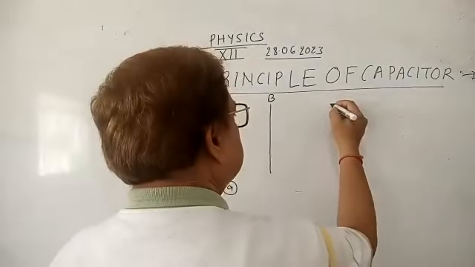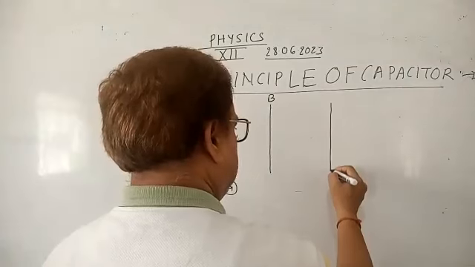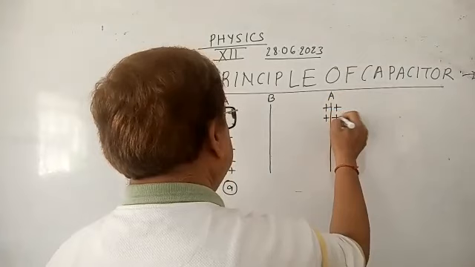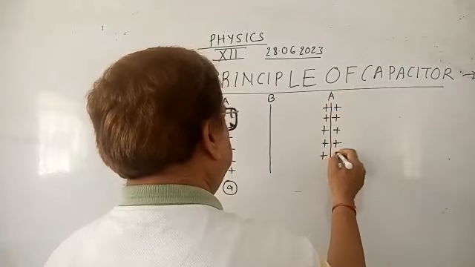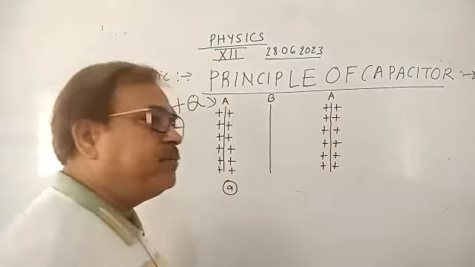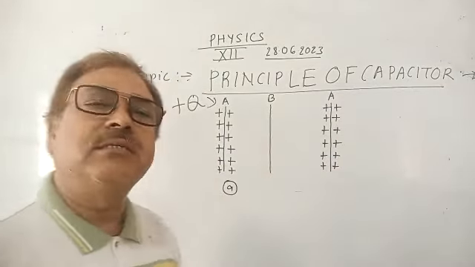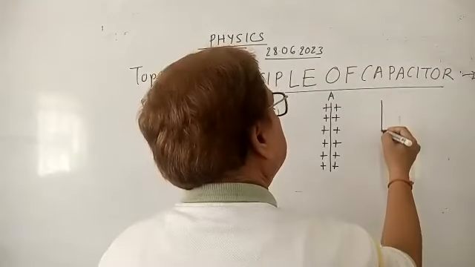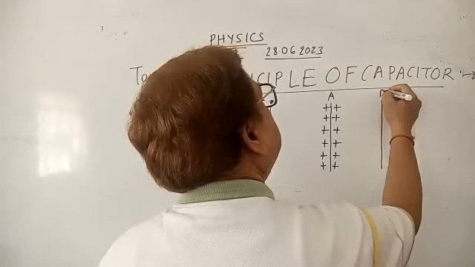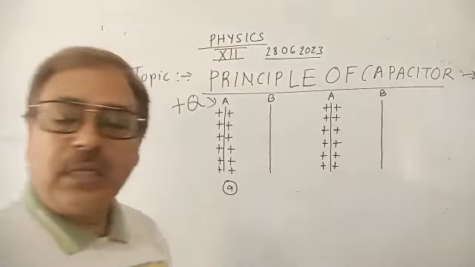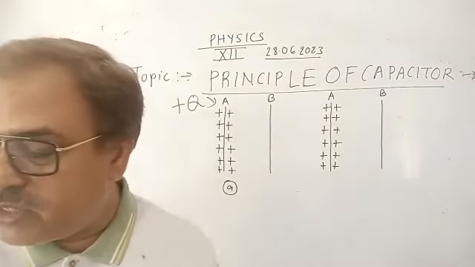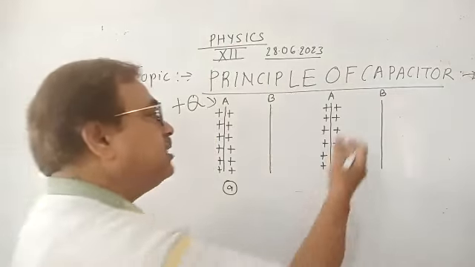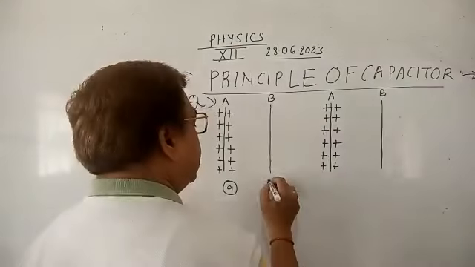It is seen that due to the positive charge plate, 1, 2, 3, 4, 5 and 6 positive charges are distributed over it. It is seen that on the plate B, an equal number of opposite induced charges are produced on the surface of the conductor. The second plate is uncharged.